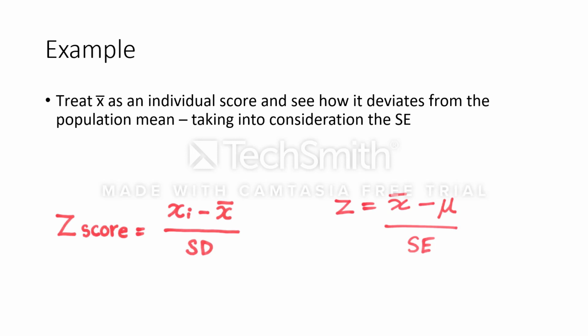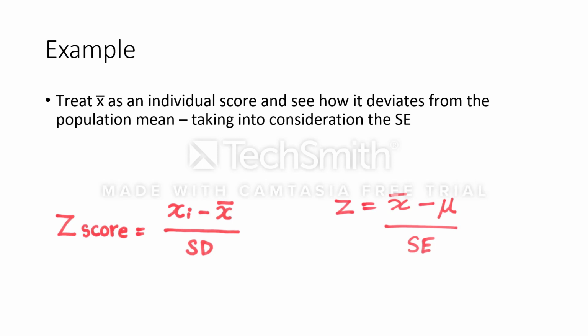So if you have a look at the calculations we went through regarding the Z-score, to calculate the Z-score, you're really interested in an individual score and how different that is from the average, and we would divide that by the standard deviation, because the standard deviation is the distribution that is related to the individual scores contributing to the mean.